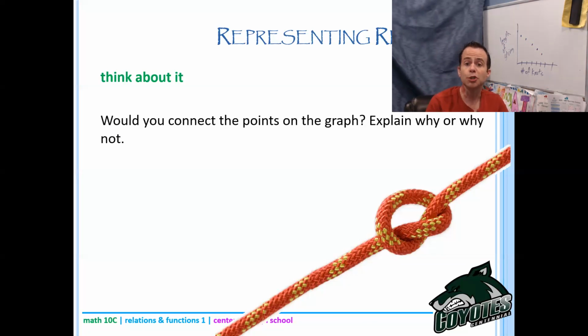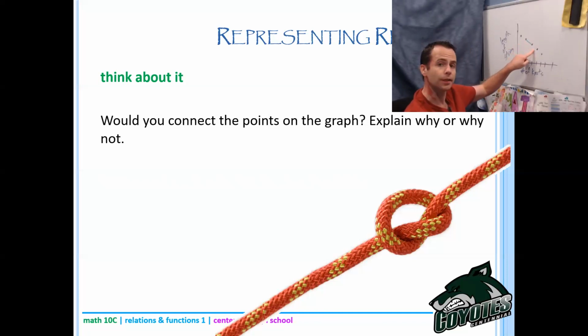Now, would you connect the points in the graph? No, and this is a really important point to talk about, which is why I wanted to give you a little picture of it. You would not connect here because if you connected the points, let's just say I connected from there to there, you're saying all this data exists between this point and this point.